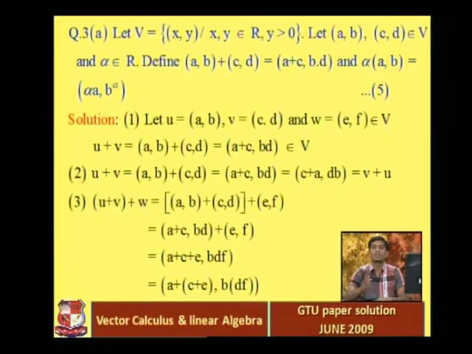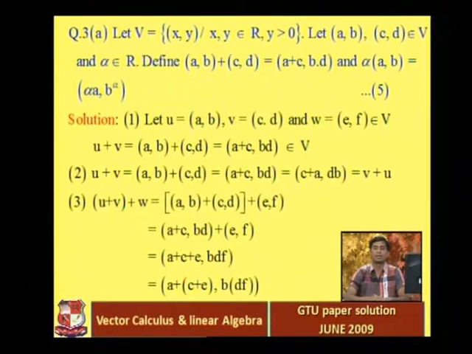Then commutativity: u plus v equals v plus u, true for all u, v, w in V. The fourth condition is identity: there exists an identity in the set, sometimes called theta or 0, such that u plus 0 equals u, and similarly 0 plus u is also u.